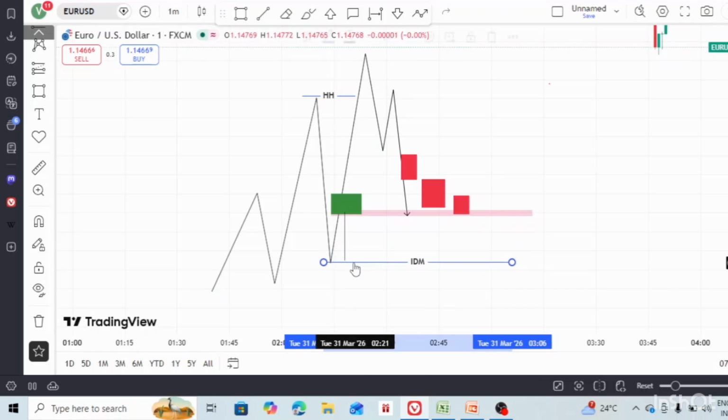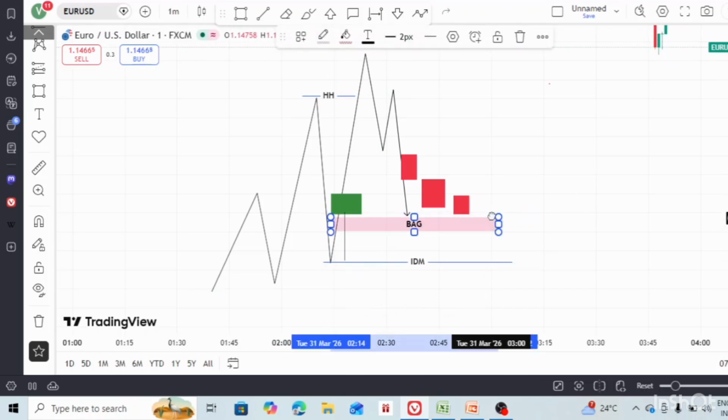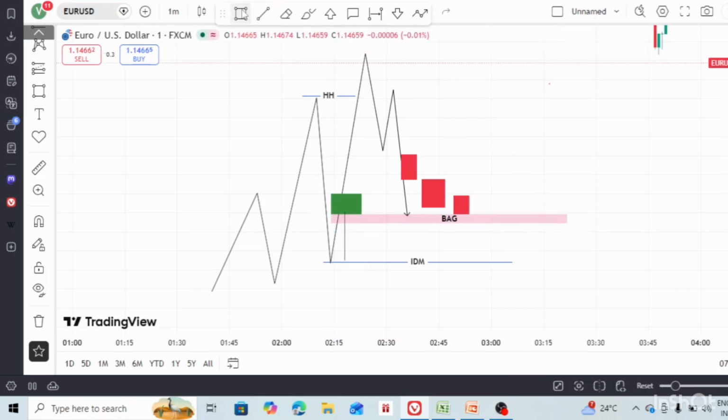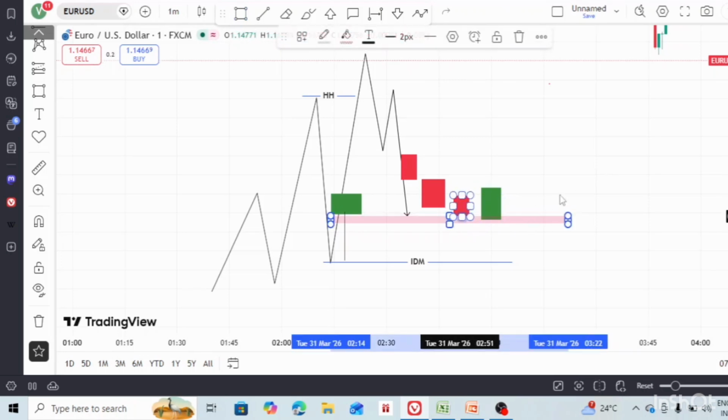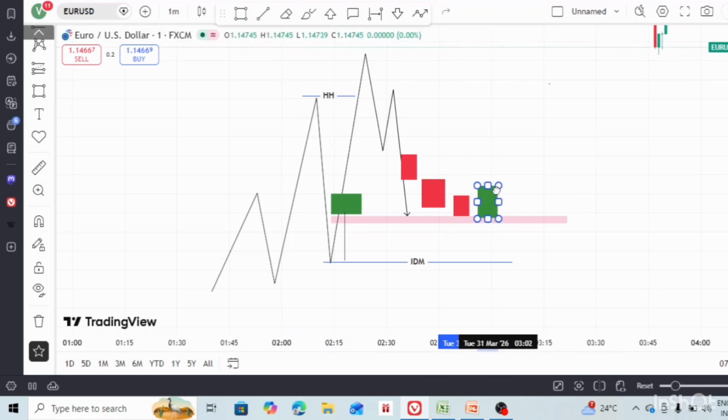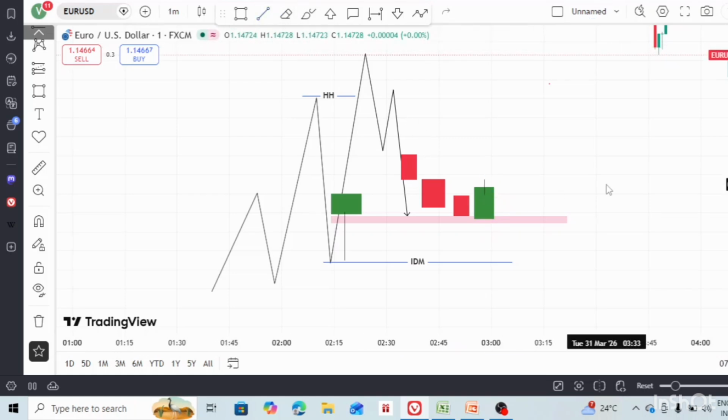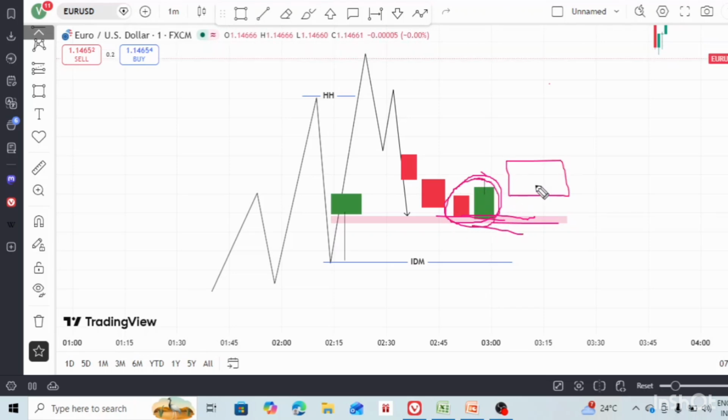So our inducement level is here. People think that if the market comes here at this support level and gets an engulfing pattern, or whatever confirmation they get at this support level, the price action trader or many traders may think, okay, this is the support level, the market is giving us the engulfing pattern, we will go up on the next candle.